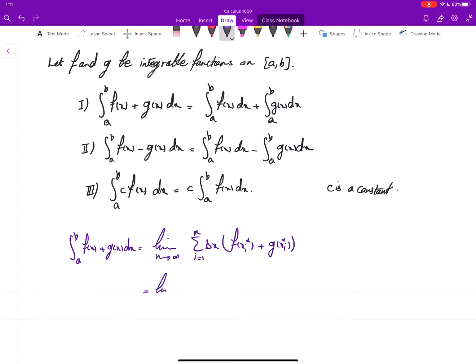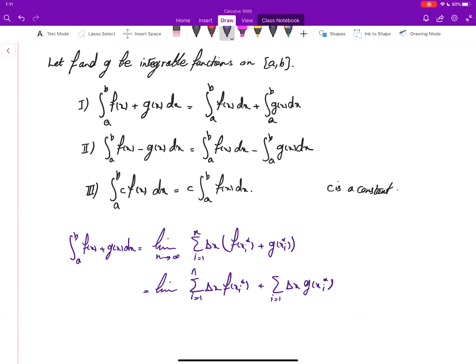And then you see that you can separate these and write it as two sums.